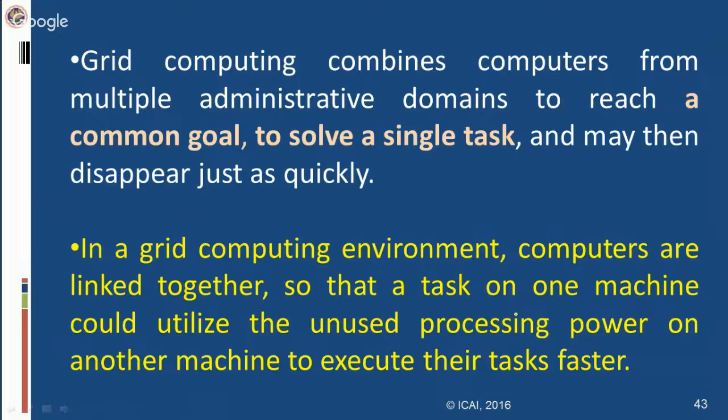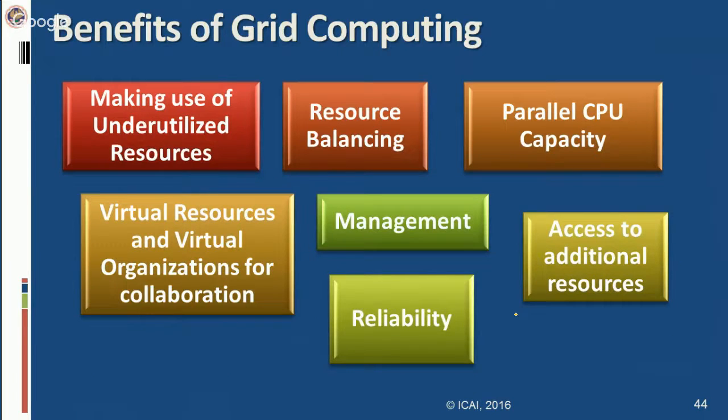So an organization that would need, say, 40 computers to solve a particular task does not need to have all those 40 computers at its place. It can form a grid in which machines are linked together so that the task on one machine can utilize the unused processing power of another machine, so that the task is performed faster. Benefits of grid computing.